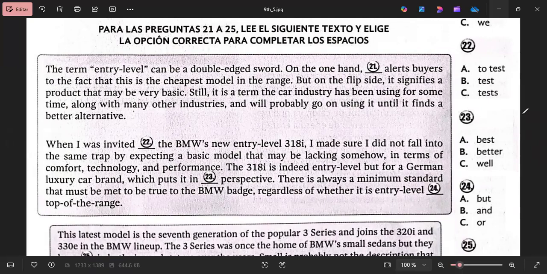Right away, we will find question 22. When I was invited, so then we have three options: to test infinitive, test simple present, and tests. Now, the BMW's new entry level 318i. That is the sentence. So when I was invited, so now we know it's past.